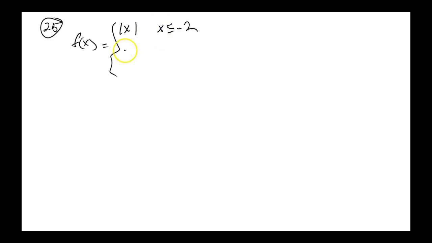Below that is ax plus b for -2 less than x less than or equal to 4. Below that, 3x squared plus 2 for x greater than or equal to 4.